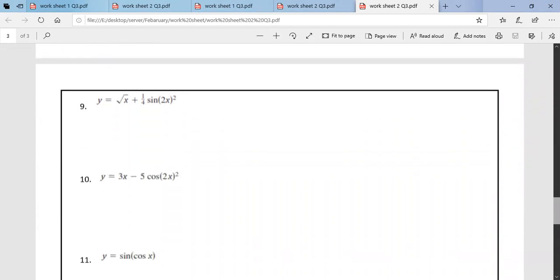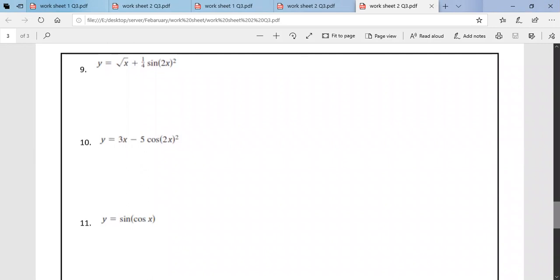Let's solve another example. Here, question number what? 9. Okay, look here. Yes. Miss, here, this function, how to find this one? I need to write this one in power form and apply the power rule.